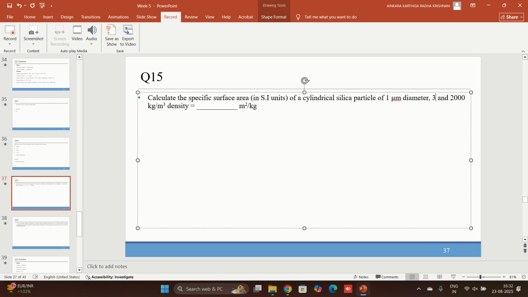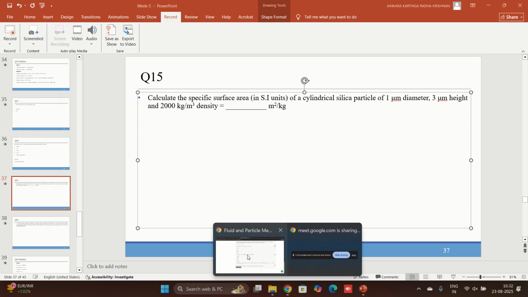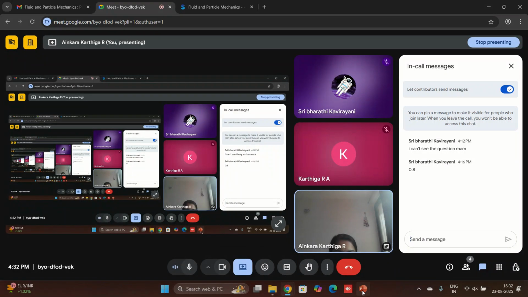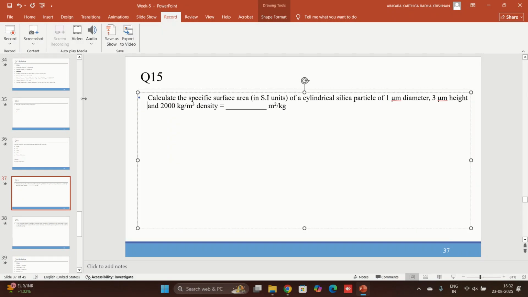So let us consider 3 micrometer in height, with density 2000 kg per meter cube. So I hope it is okay. We'll calculate it now.